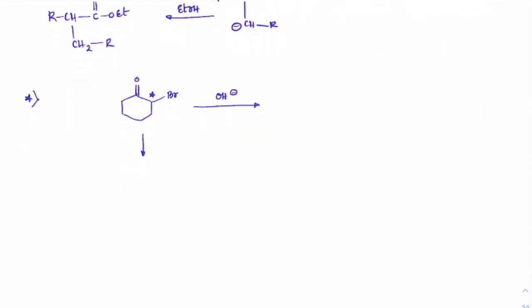Just see that Br is a leaving group, so we have to relieve that Br, which means just make a bond here. So we can know that we will have this double bond O and make this bond here, that's all.